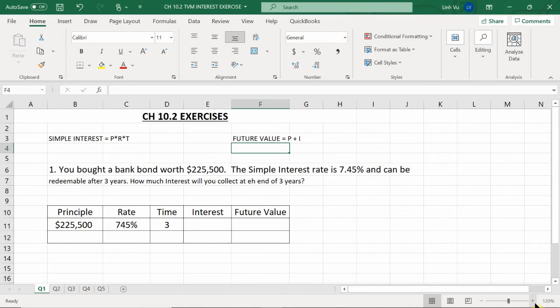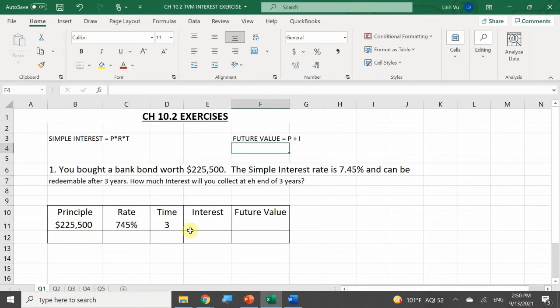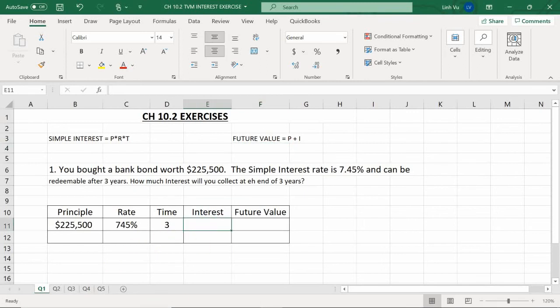How much interest will you be collecting at the end of 3 years? So once again, this is straightforward. All you have to do is go ahead and start computing those amounts right here.